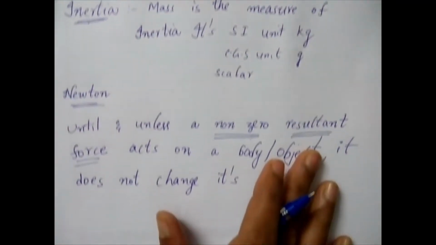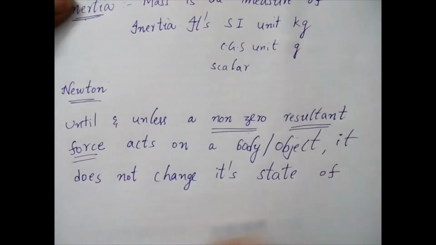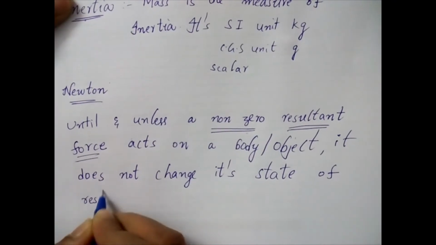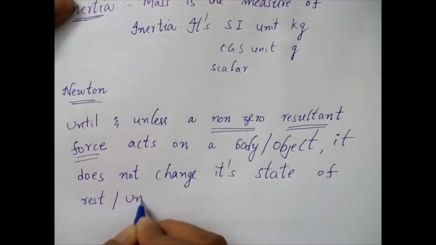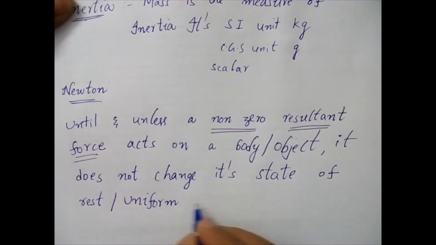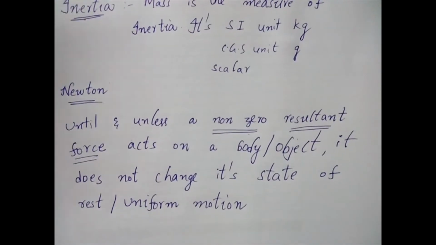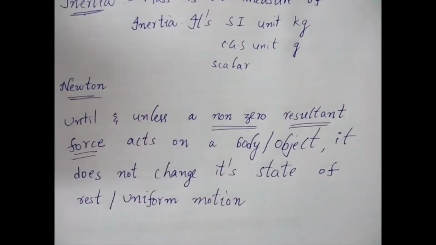What are the states it does not change? State of rest or uniform motion. Only these two states it does not change. That's why in the beginning itself we have learnt about rest or uniform motion.